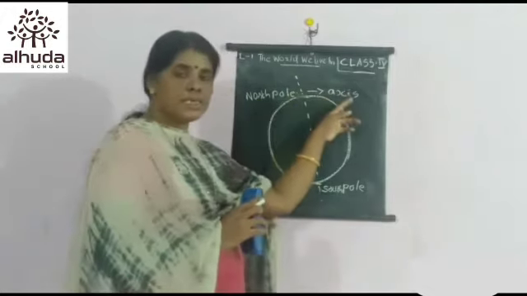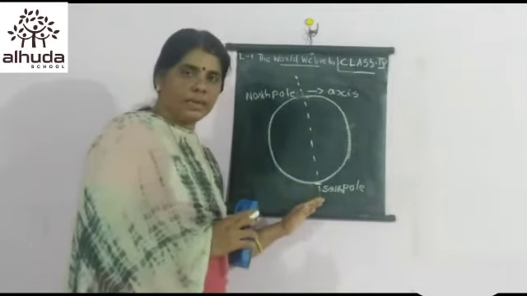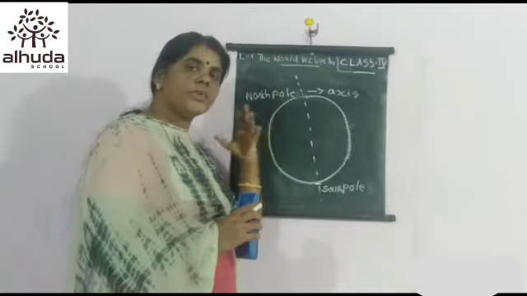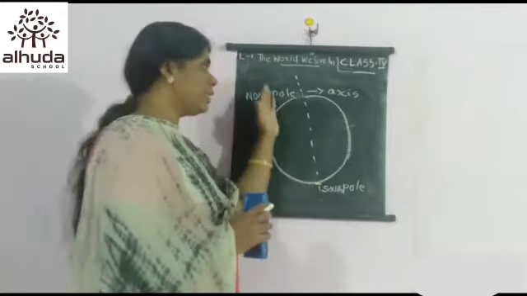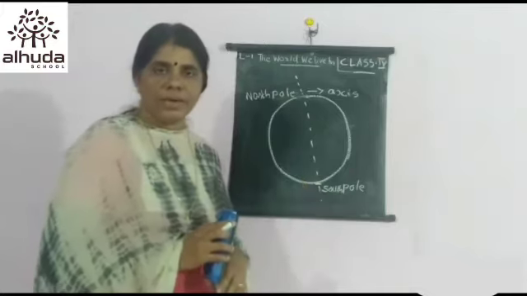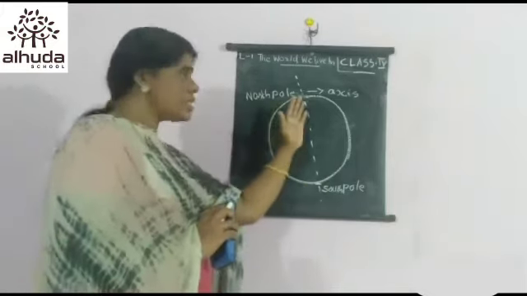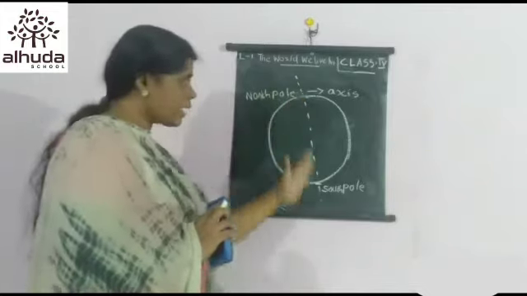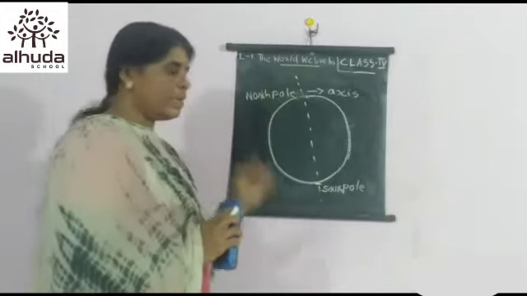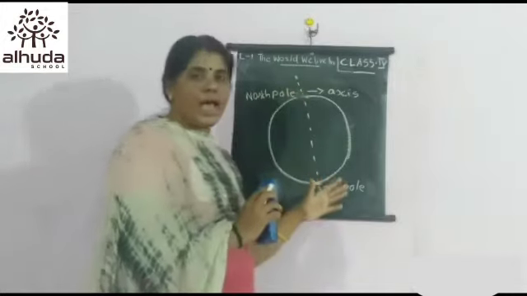And what is the axis? An imaginary line which passes through the earth. Actually it is not there, we are just considering it like that. One imaginary line drawn between the north and south pole is called the axis. Understood? And it is tilted, to one side, not in the exact middle. So that is about poles and axis.